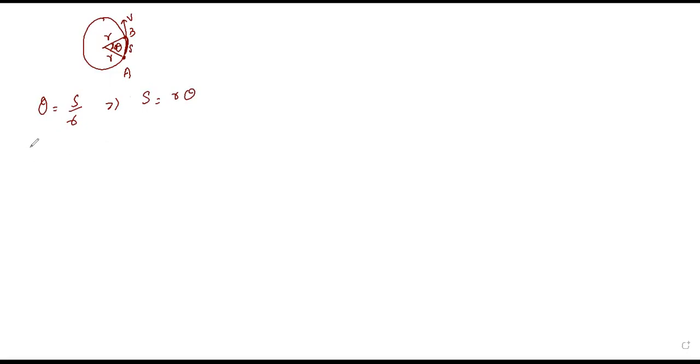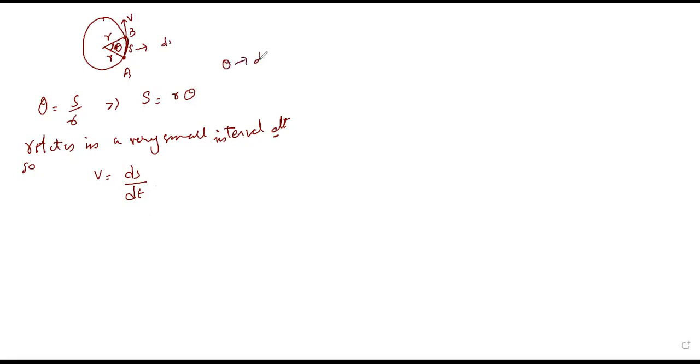Now we consider that this particle rotates in a very small interval, let's say dt. So what would be the velocity? Velocity is simply the distance covered per unit time. Since we are considering a very small time interval, the distance covered in that time interval will be converted from s to ds, and theta would be converted into d theta.